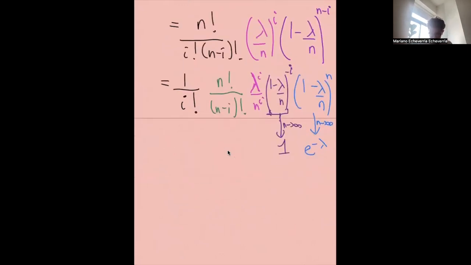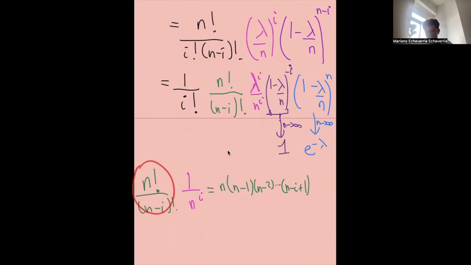So let's just analyze what n factorial over n minus i times 1 over n to the i equals. It's more convenient to remember that this just means n times n minus 1 times n minus 2, and so on, until n minus i plus 1, because after that you will get n minus i factorial, so this will cancel.